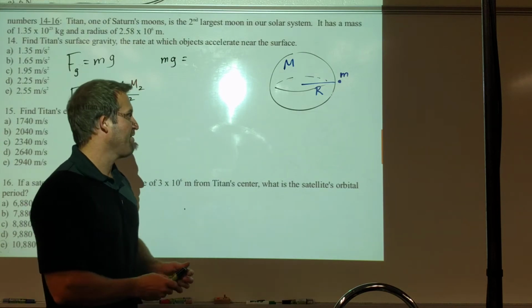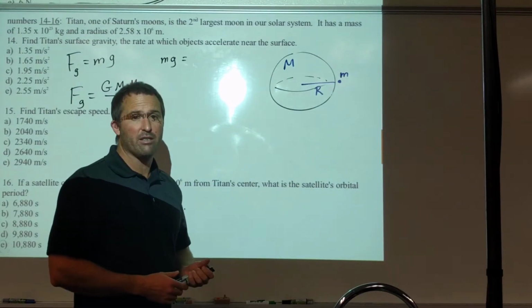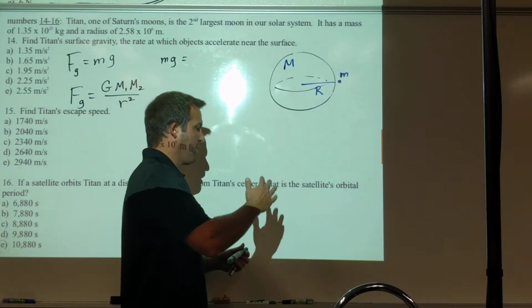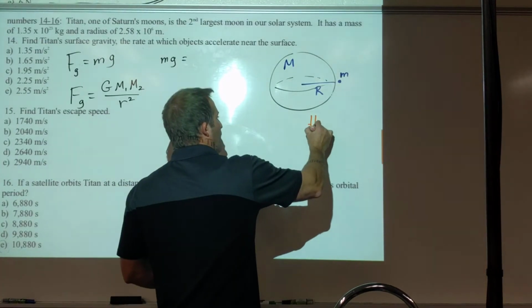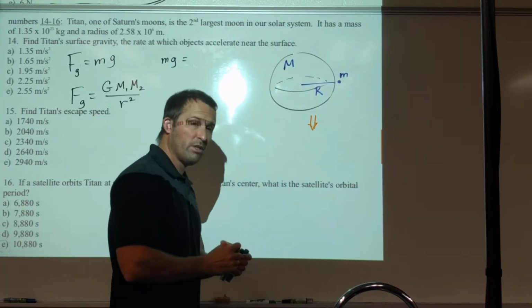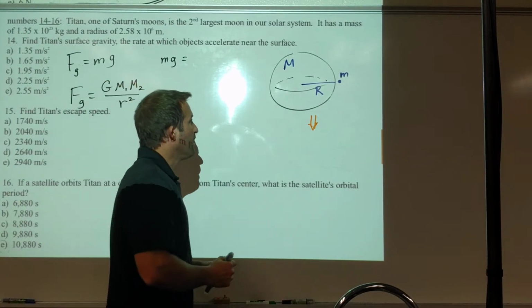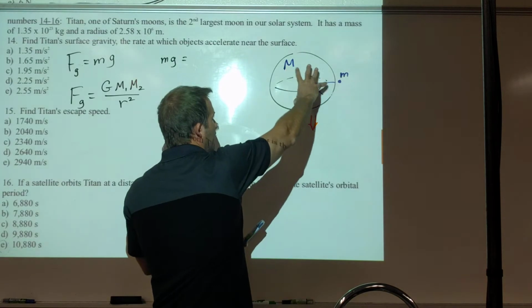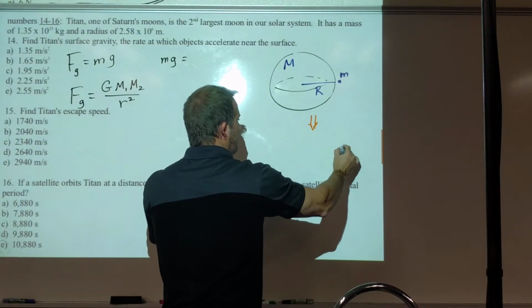However, if we have a spherically symmetric object, which we're going to consider Titan to be, then we can make an equivalent problem. Mathematically, it's totally equivalent if we want to calculate the force here, or the potential energy in our next problem. That we can say, hey, we can leave the small object here. I'm just going to draw it directly below.